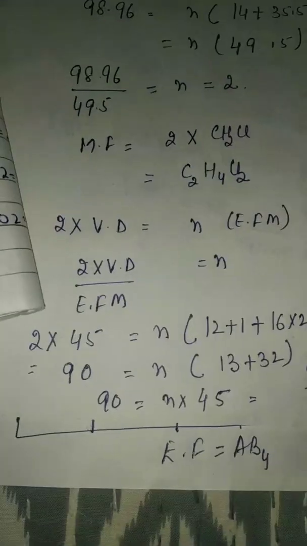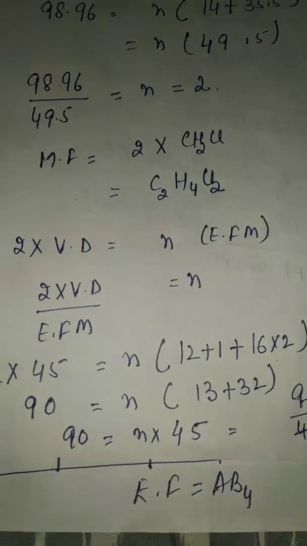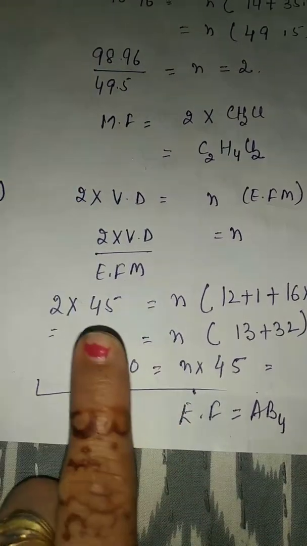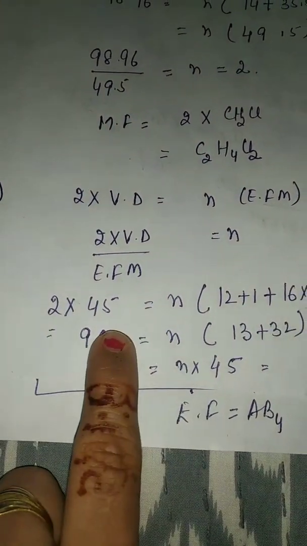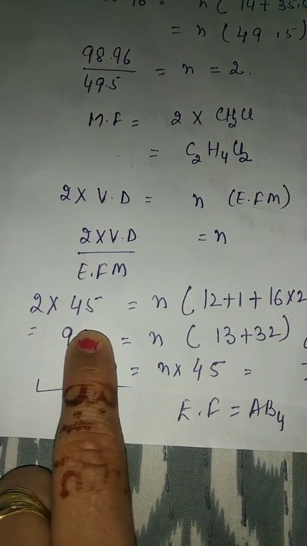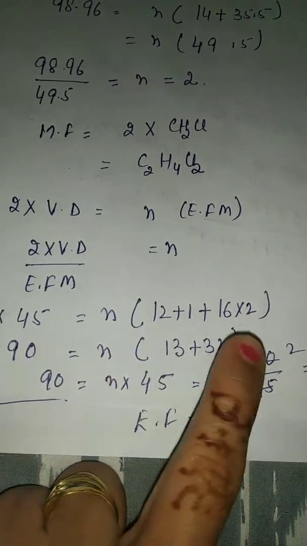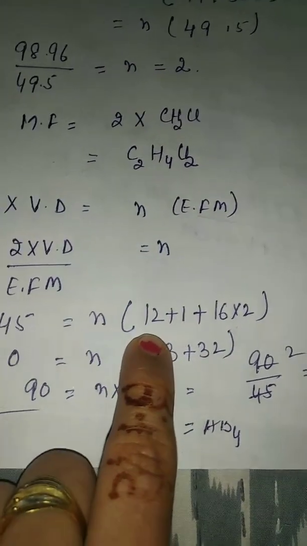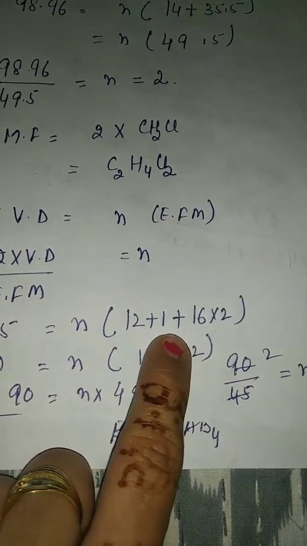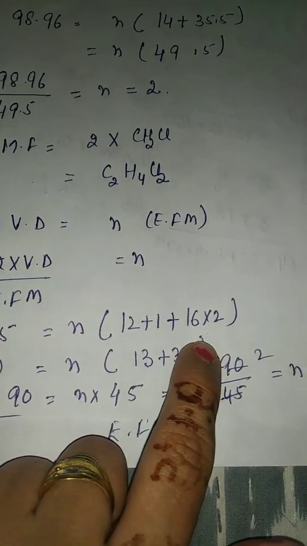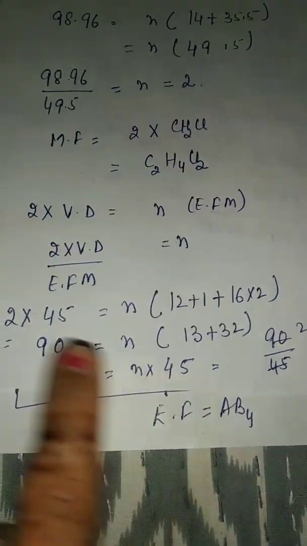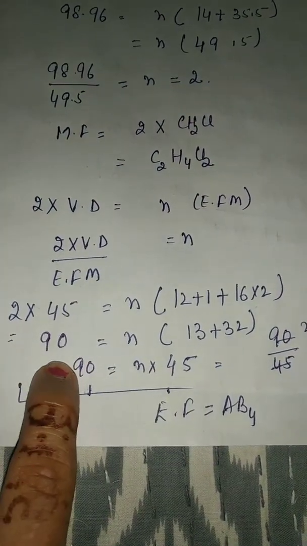So therefore empirical formula will be CHO2. But in this question, vapor density is given to us, that is 45. So according to the formula, 2 multiplied by vapor density, that is 45, is equal to n into empirical formula mass. Carbon atom 1, therefore 12 plus 1. Oxygen 2 are there, 16 multiplied by 2, it comes out to be 45. And 2 into 45, that is 90.